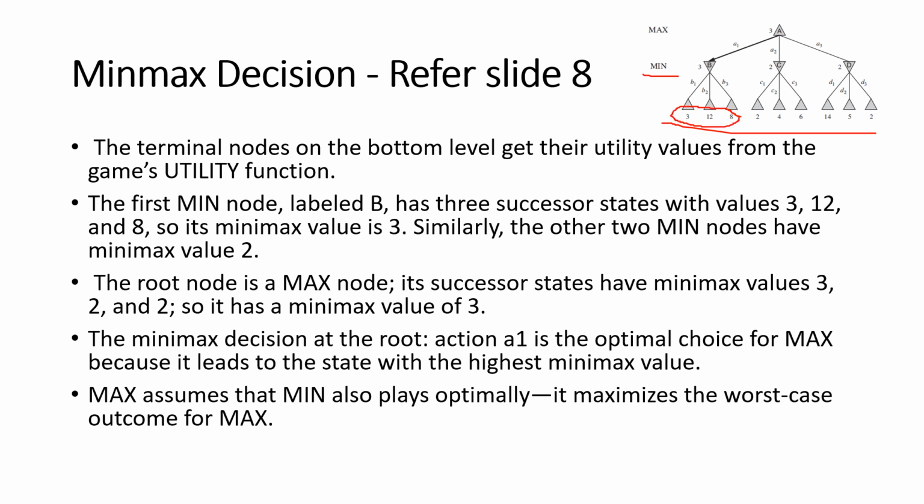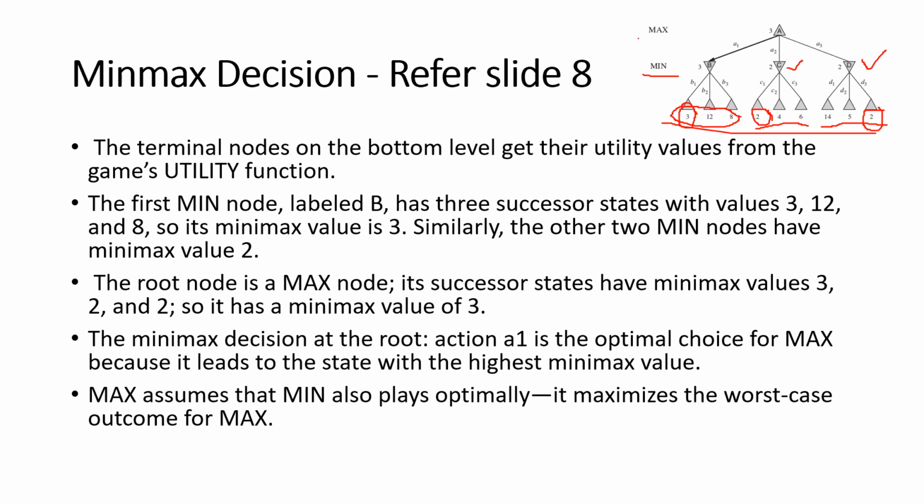So 3 will be chosen. Similarly, in node C there are 2, 4, 6 as the three values and the minimum is 2, so 2 will be selected. And for node D, the child nodes have values 14, 5 and 2. The minimum is 2, so 2 will be selected. So the min node will select the minimum values.